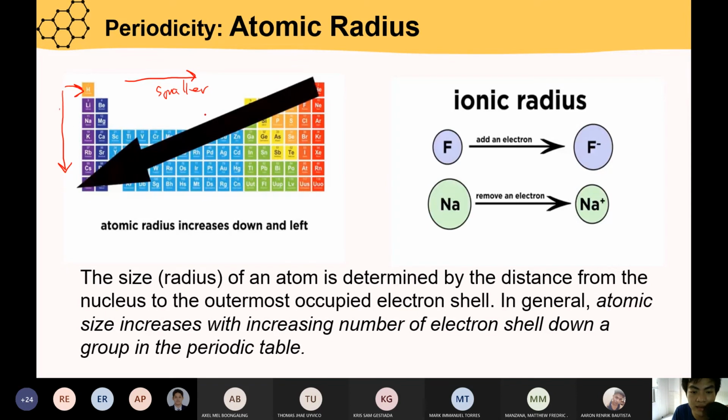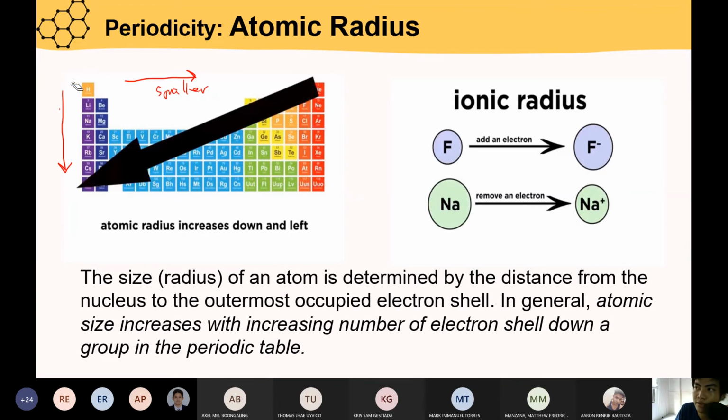So, ibig sabihin, iisa sila ng height, di ba? However, since you increase the number of protons as you go to the right, mas napupull nila yung electrons towards the nucleus. So, yun yung idea. Yes, dumadami yung electron, however, the energy level will remain the same. So, since they have the same energy level, as you increase the protons they will actually pull them closer.